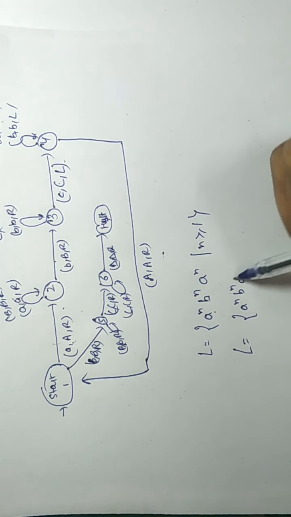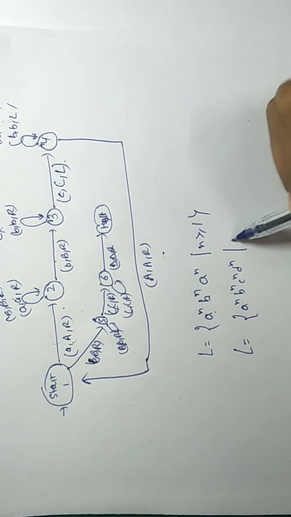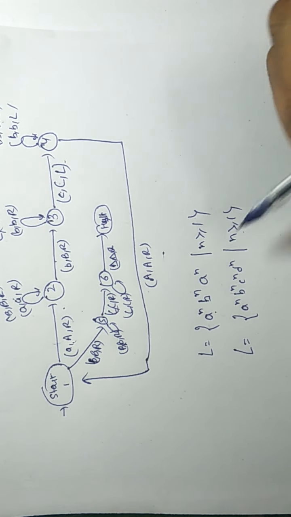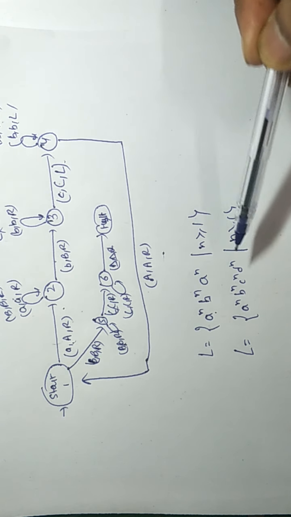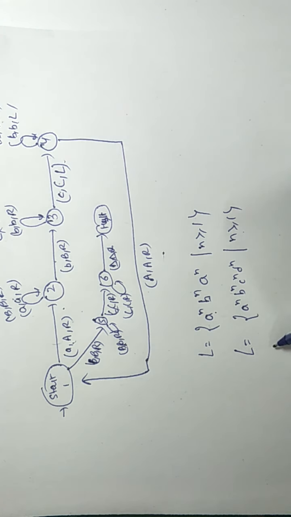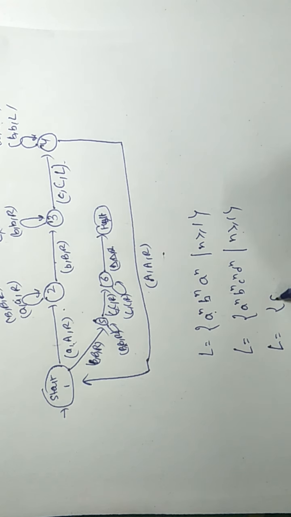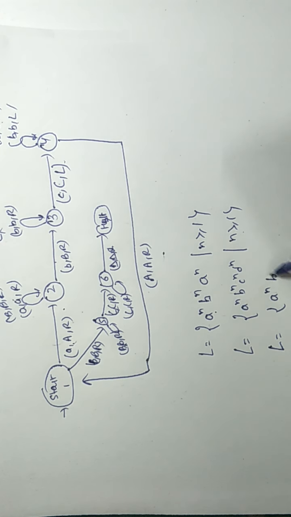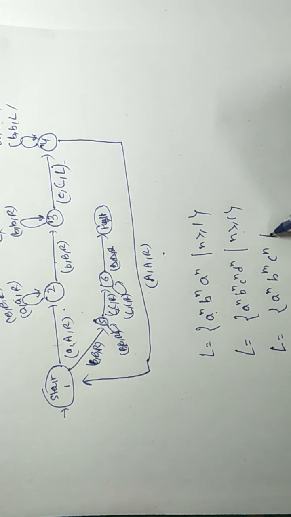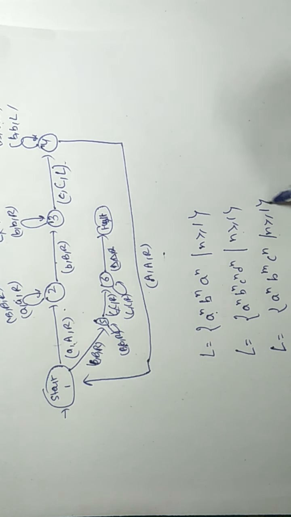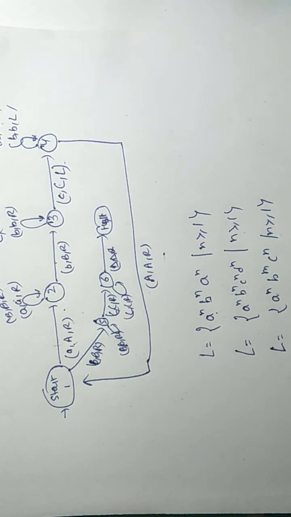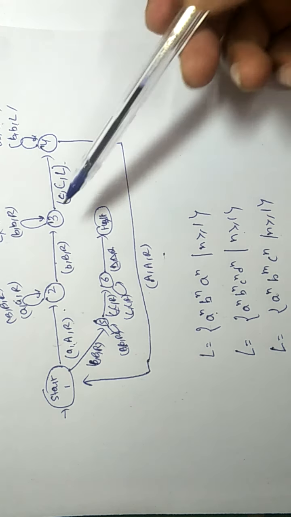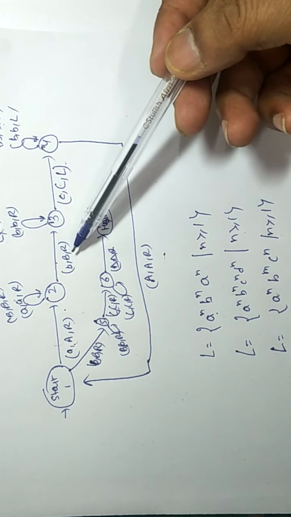You can also design a Turing machine for a^n b^n c^n d^n in a similar way, when we will convert one A, then one B, then one C, then one D. You can also design a Turing machine for a^n b^m c^n, n greater than or equal to 1, where you have to match 1 A with 1 C and do nothing for B. It means that you will leave B as a small b only.